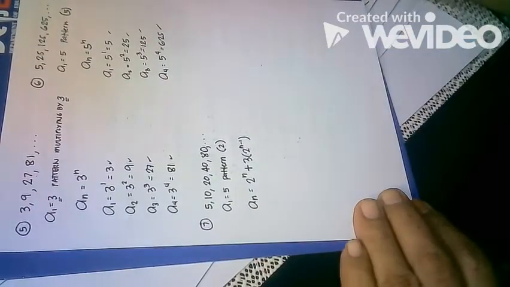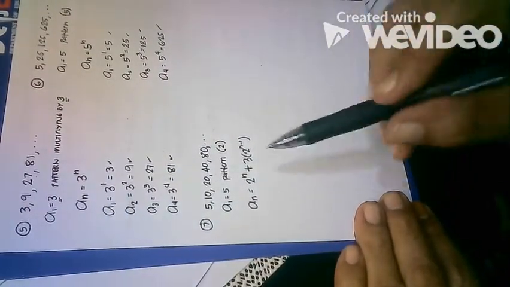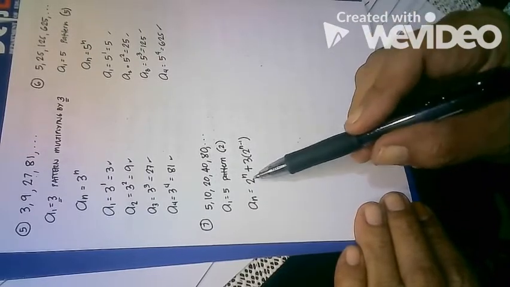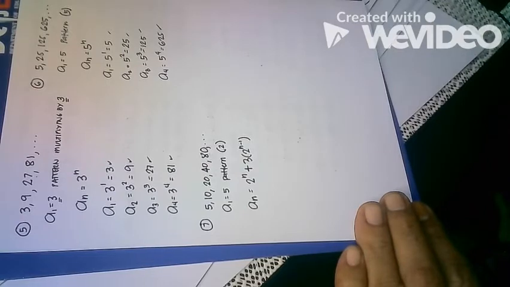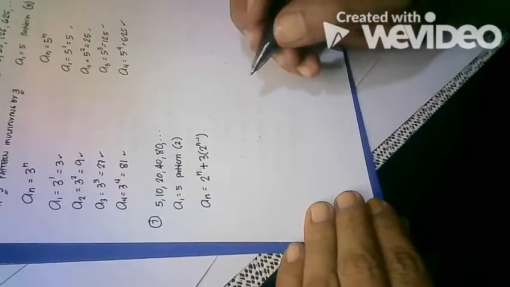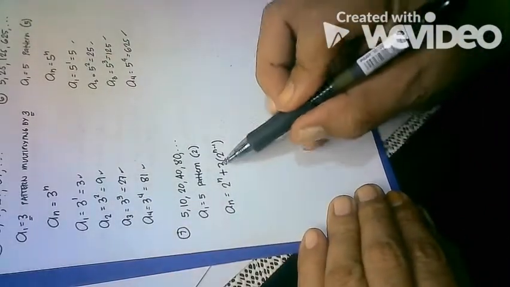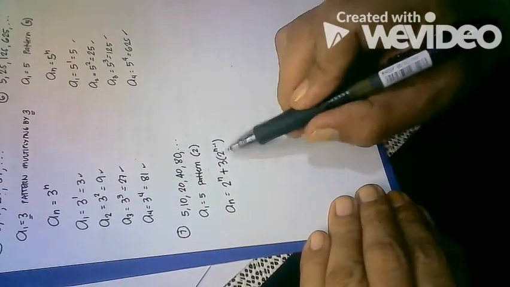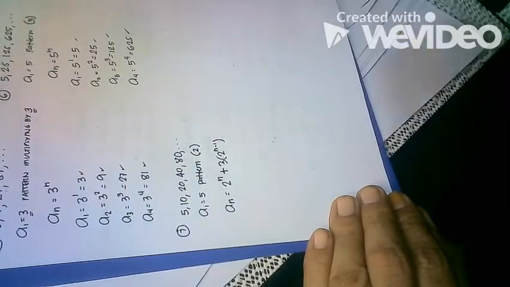That is the pattern. We just subtract 1. Okay. So let us check. This is important: 2 plus 3 equals 5. Then here we subtract, n minus 1.